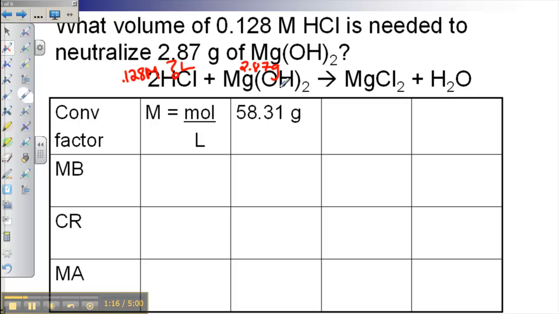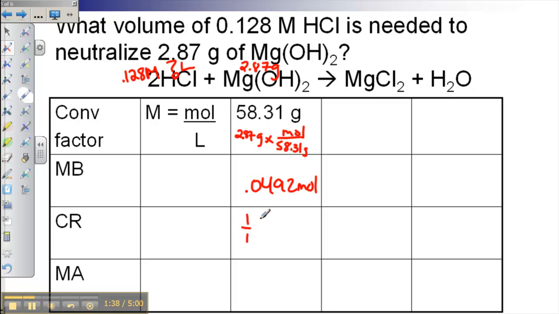First of all, we change our 2.87 grams to moles by dividing. So we're doing 2.87 grams times our molar mass, and that'll give us moles of 0.0492.